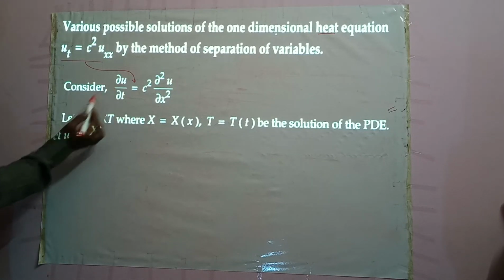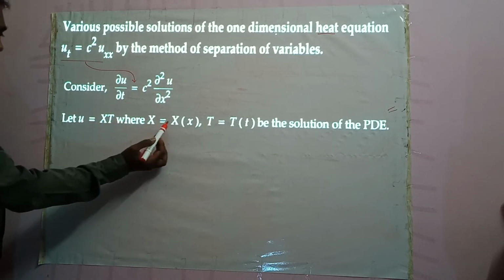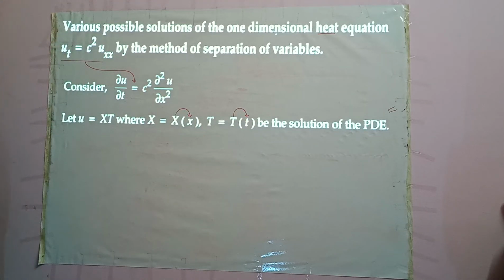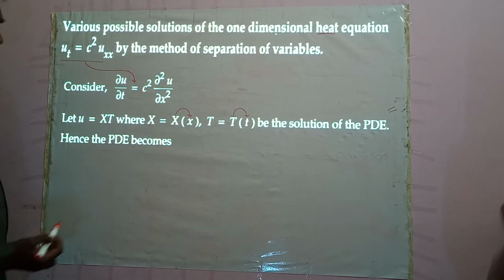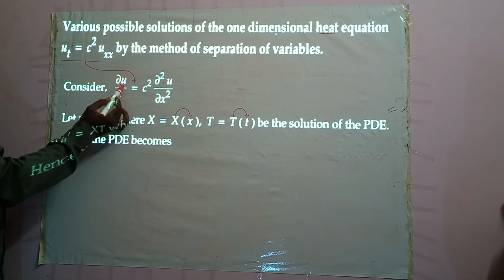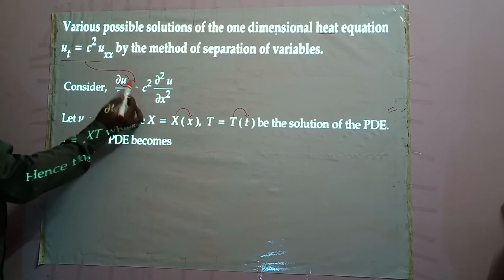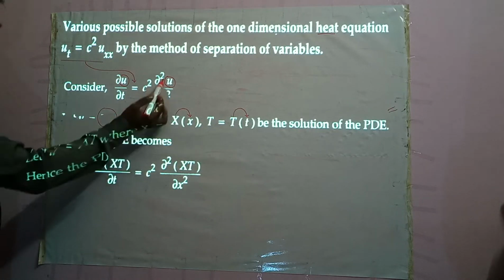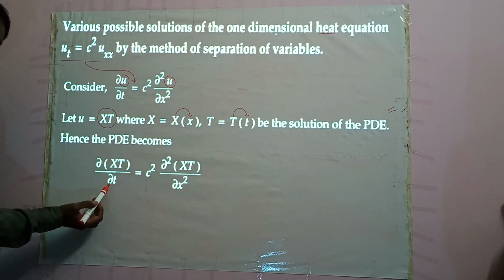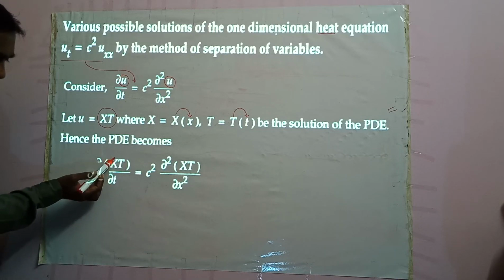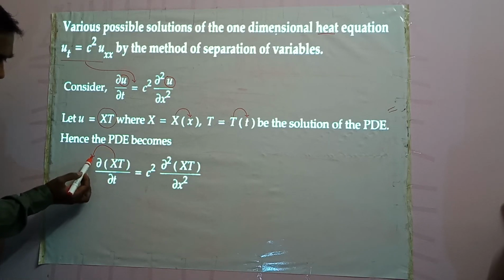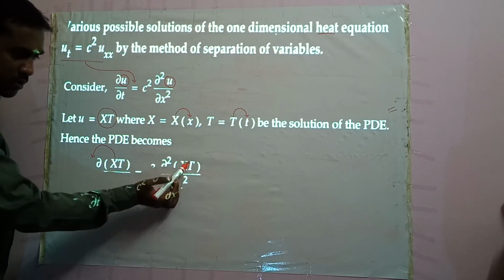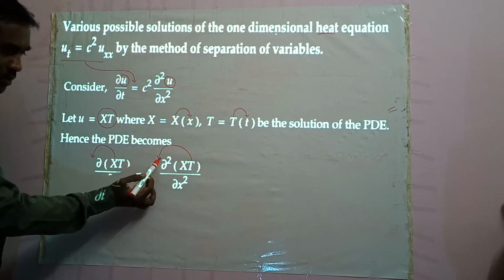Let us take u as X T, where X is a function of x and T is a function of small t. Hence the PDE becomes, replacing u with XT. Since we are differentiating partially with respect to t, X can come out as a constant, and since we are differentiating with respect to x, T can come out as a constant.